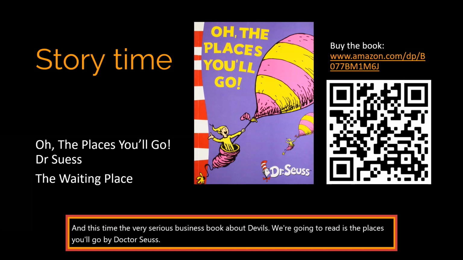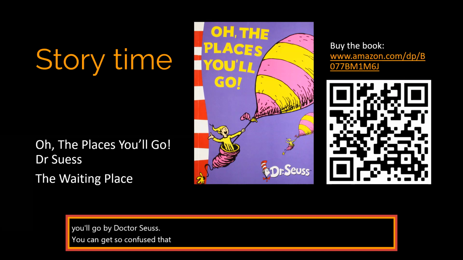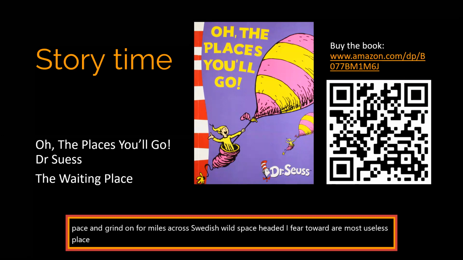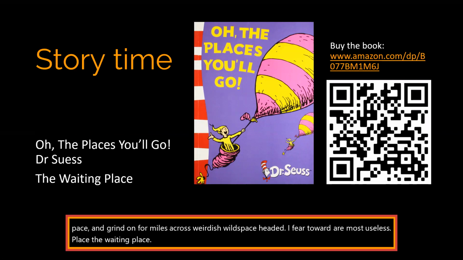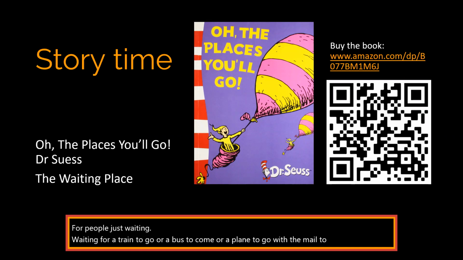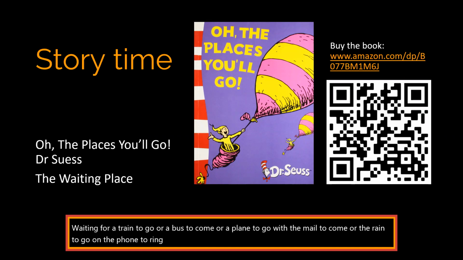You can get so confused that you start into race down long wiggled roads at a breakneck pace and grind on for miles across weirdish wild space, headed, I fear, toward a most useless place, the waiting place. For people just waiting. Waiting for a train to go, or a bus to come, or a plane to go, or the mail to come, or the rain to go, or the phone to ring, or the snow to snow, or waiting around for a yes or no, waiting for their hair to grow.